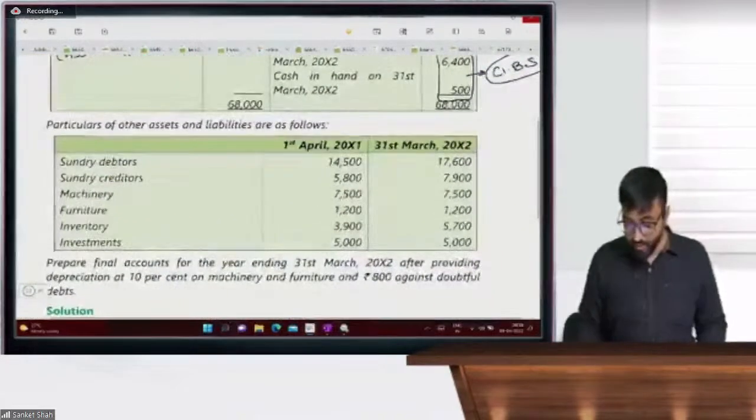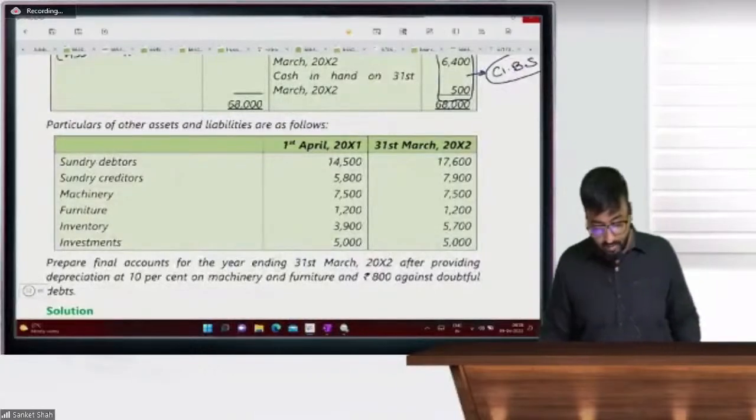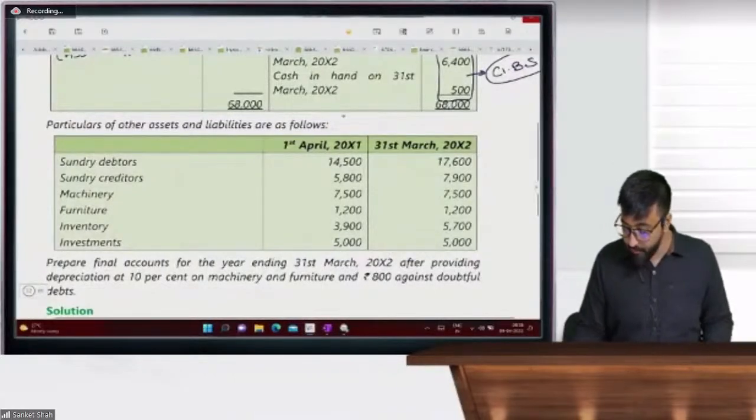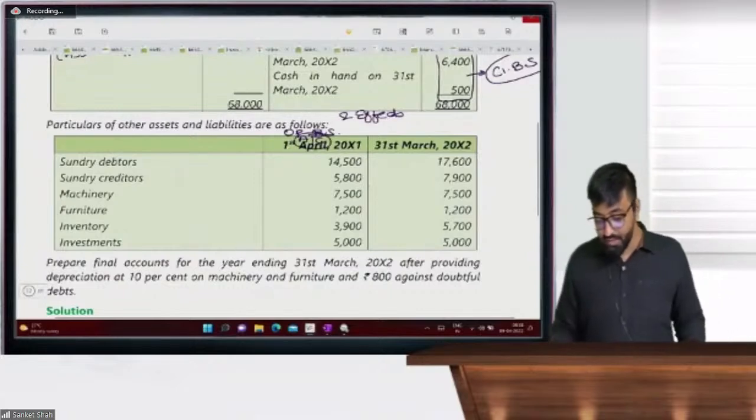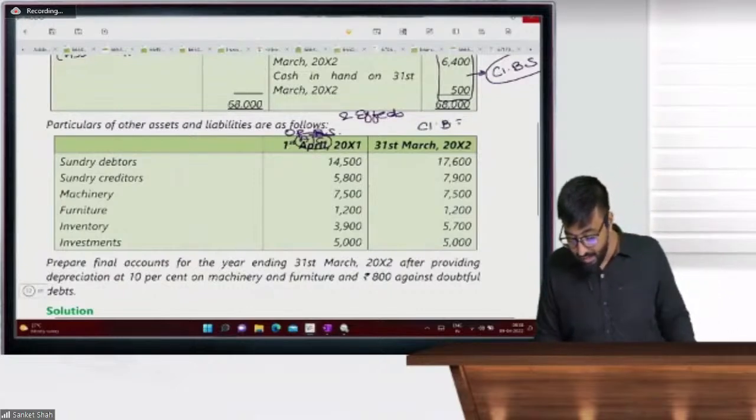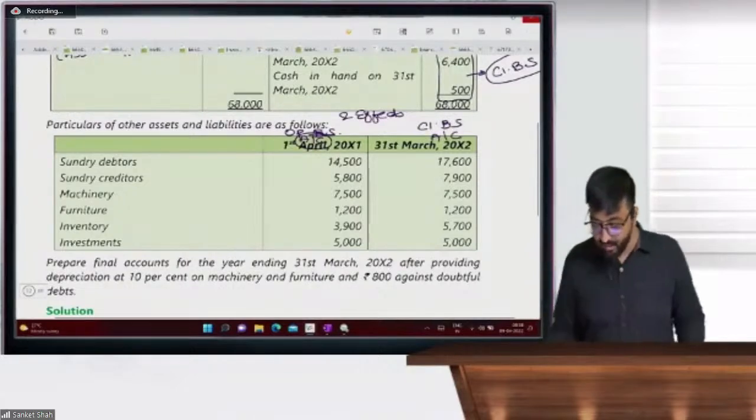Now you are going to open debtors account. Debtors account, two effects. Now how two effects, beta? One is opening balance sheet and second one is in account. In closing balance sheet, and second effect is in account.